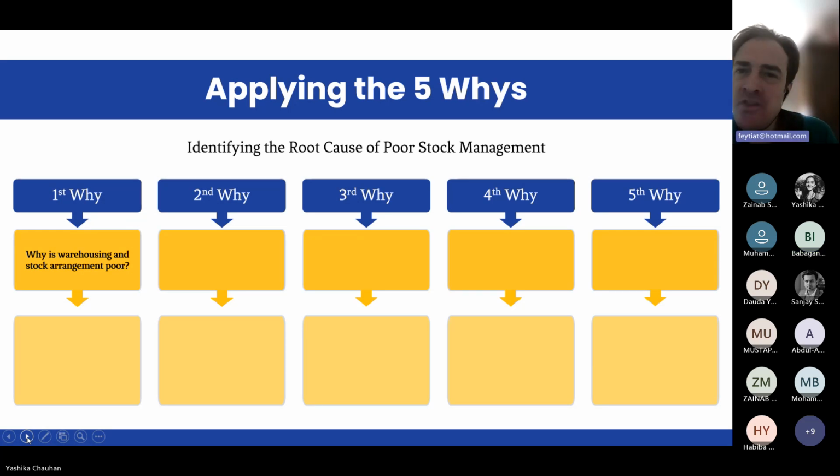Please, for the sake of understanding, would you answer the first why? Or you didn't answer? We answered it. What was your answer to why it's poor? Yes, because the warehouse is cluttered and stock is not properly organized.